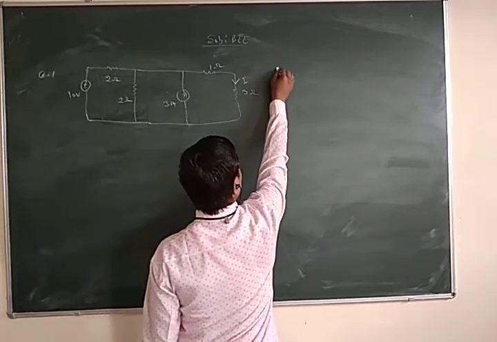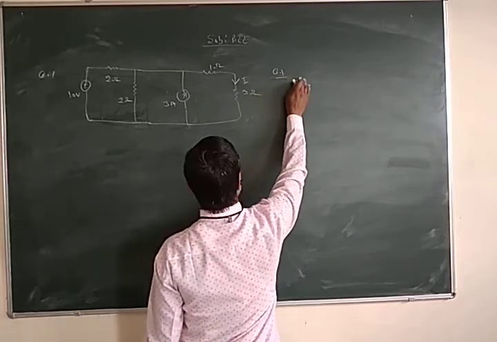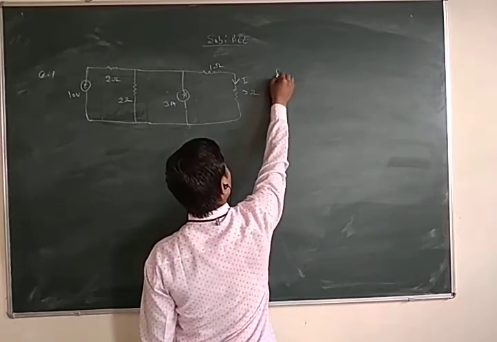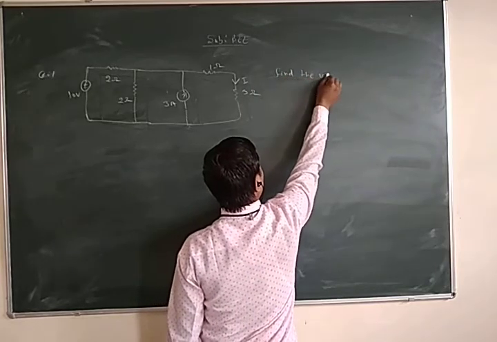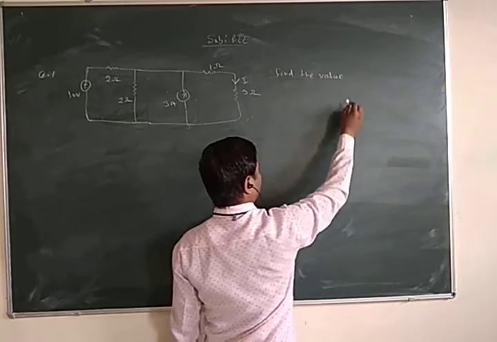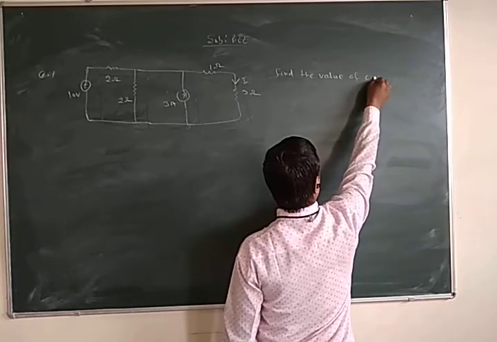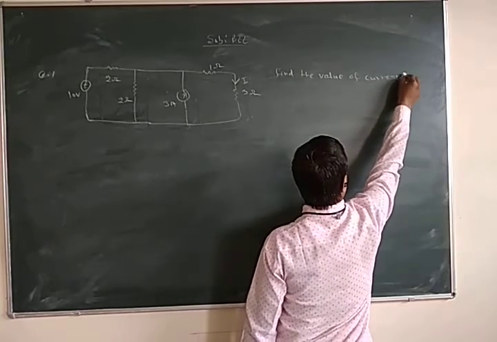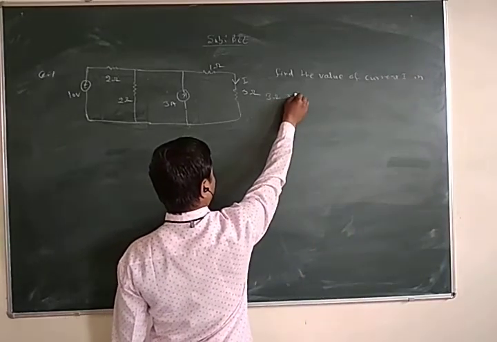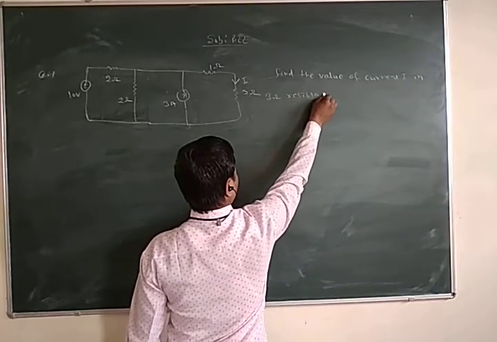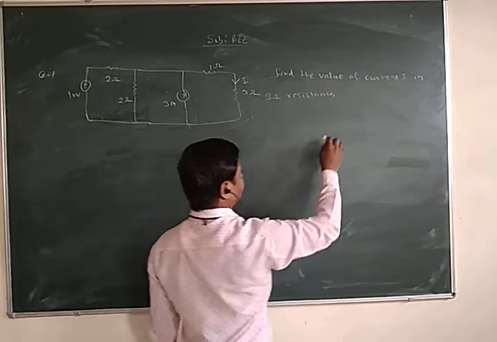Question is, find the value of current I in 3 ohm resistance using superposition theorem.